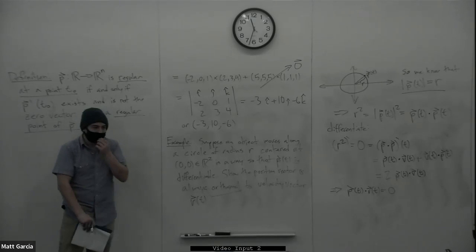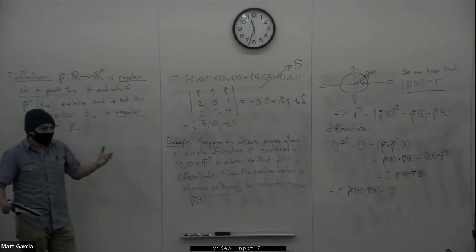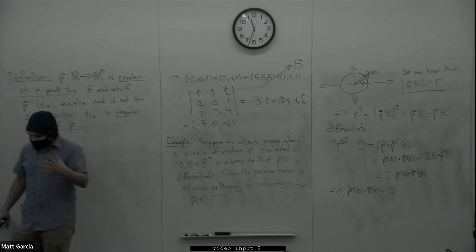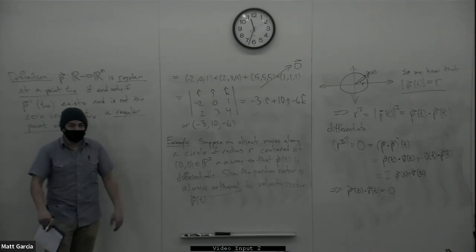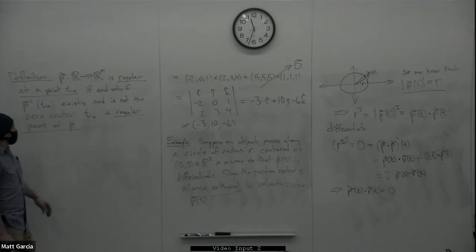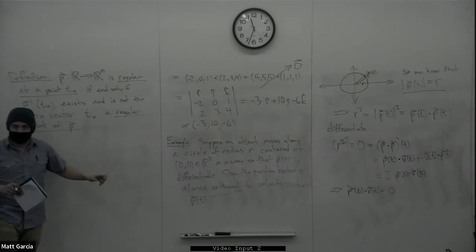Calculus 1 is all about the interpretation of the tangent line in some capacity, right? Kind of the main thing that we talk about at the beginning of calculus. So in order to give this concept of tangency a coherent generalization to n dimensions, it really relies on this idea of regularity. I'm going to say a lot more about this. I'm just giving you a vague overview before we dive in.